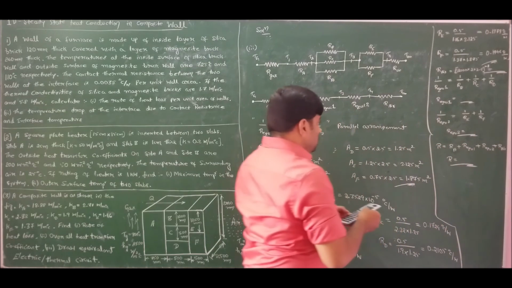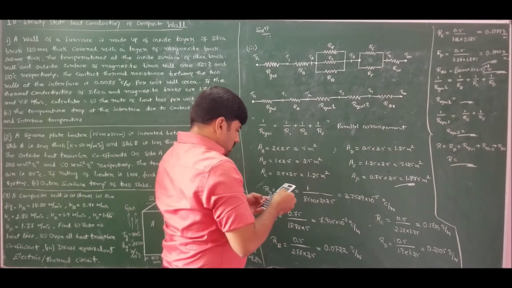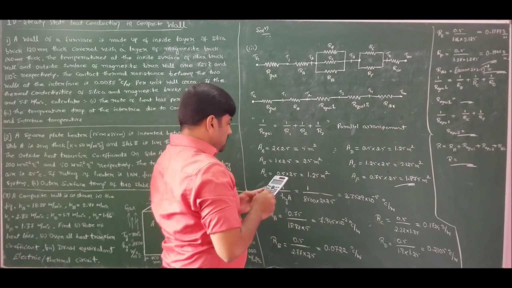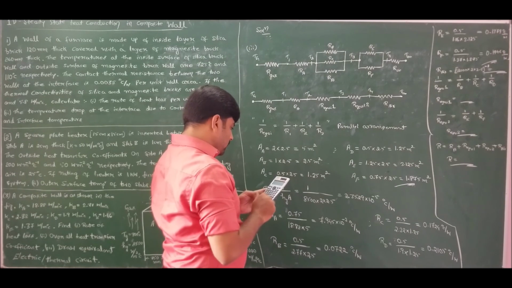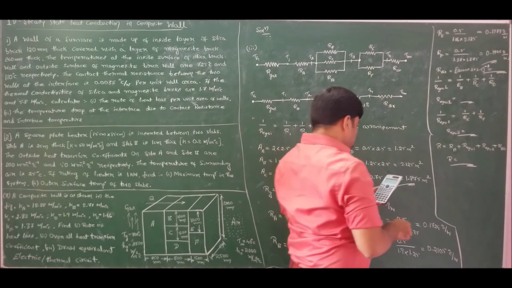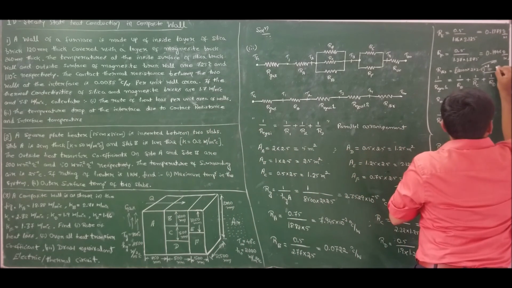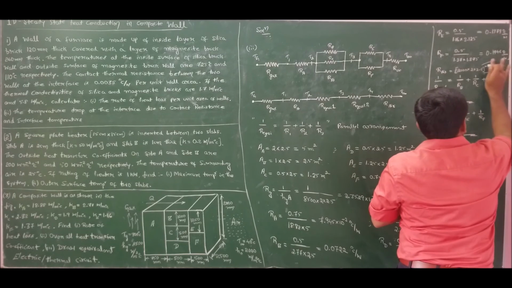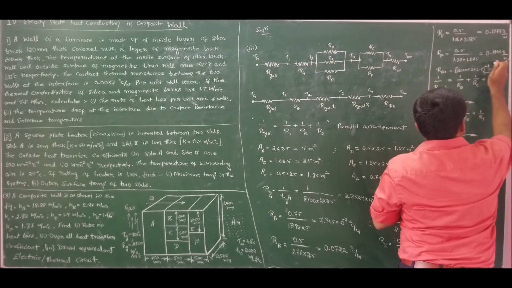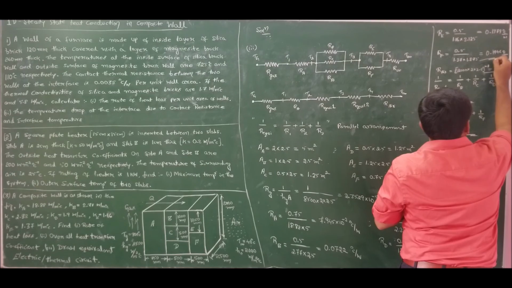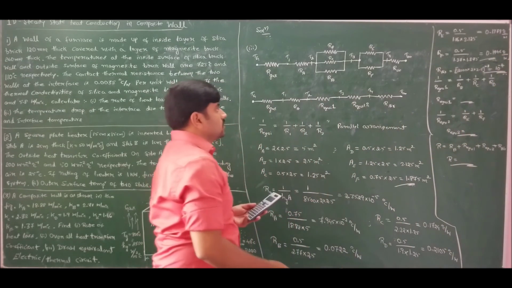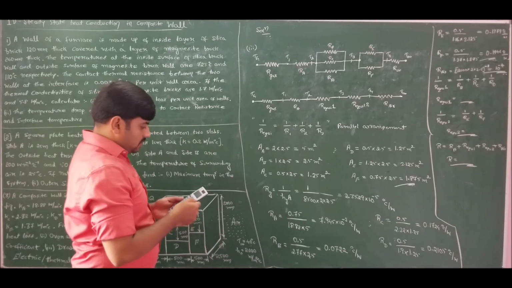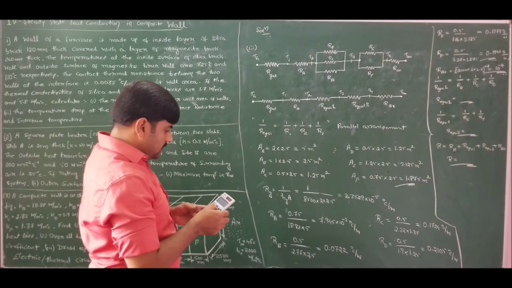So if you solve, we get resistance due to convection at air side as 1 divided by 2000 into area 2 into 2.5, that is 10 to the power of minus 4 degree Celsius per watt. Resistance on air side is 10 to the power of minus 4.